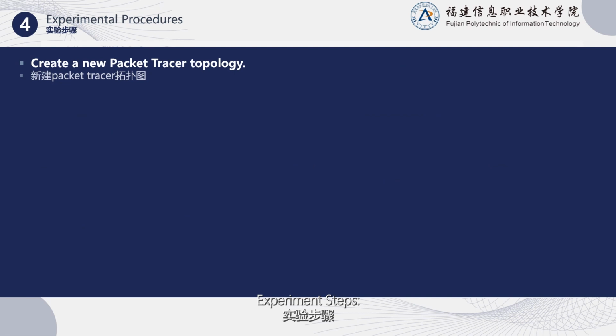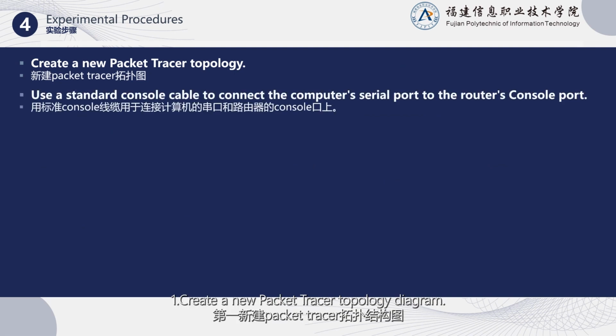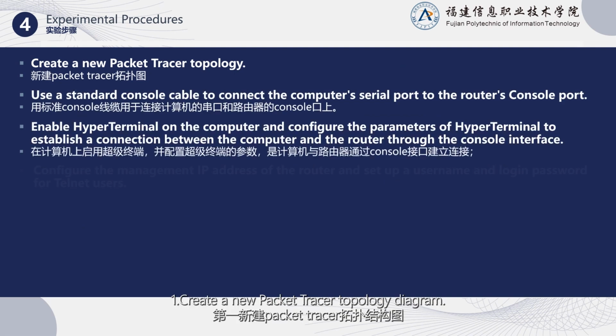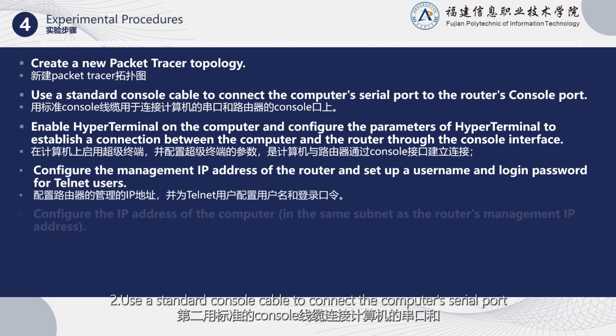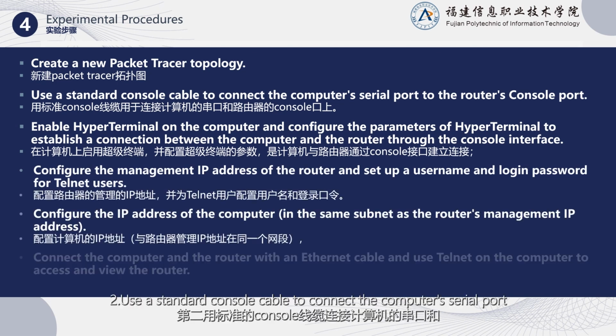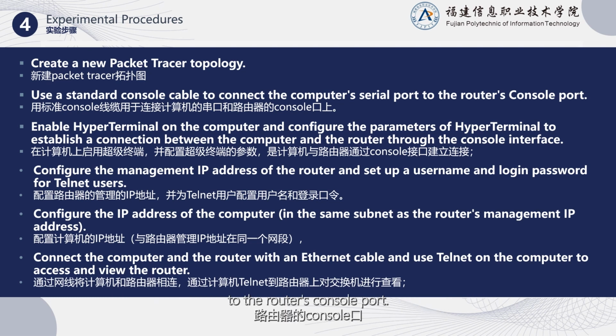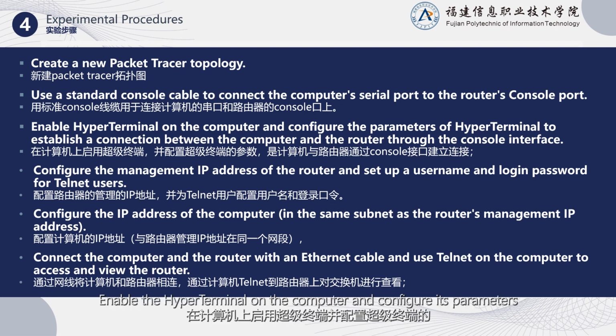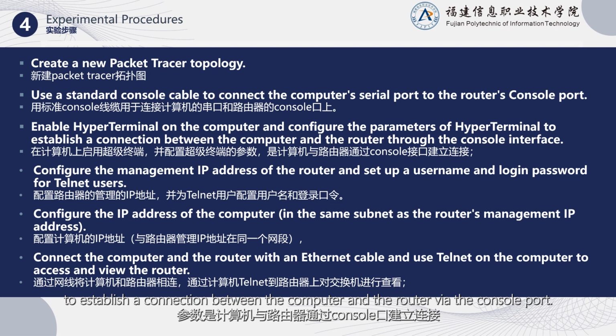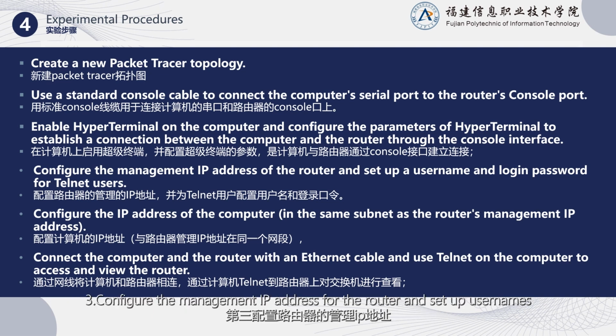Experiment steps. 1. Create a new Packet Tracer topology diagram. 2. Use a standard console cable to connect the computer's serial port to the router's console port. Enable the HyperTerminal on the computer and configure its parameters to establish a connection between the computer and the router via the console port. 3.